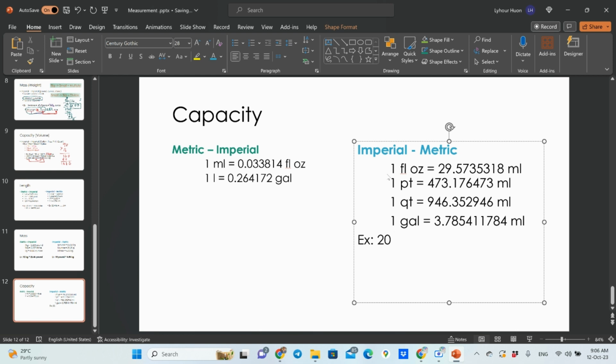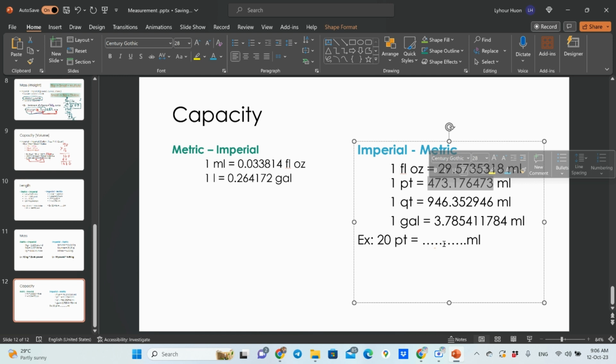20 pints to milliliters. Do I have to multiply all this? Yeah, so to multiply this, always use this number. Good lord.